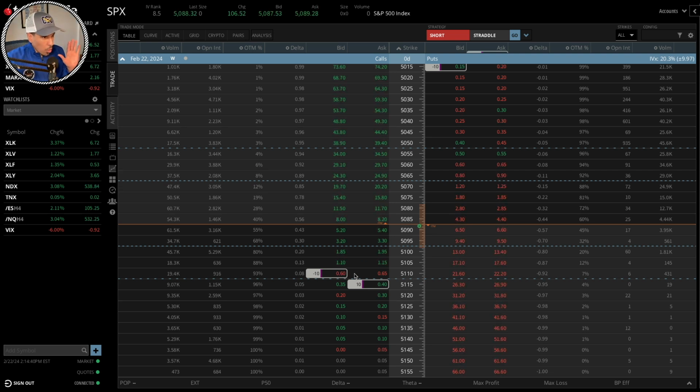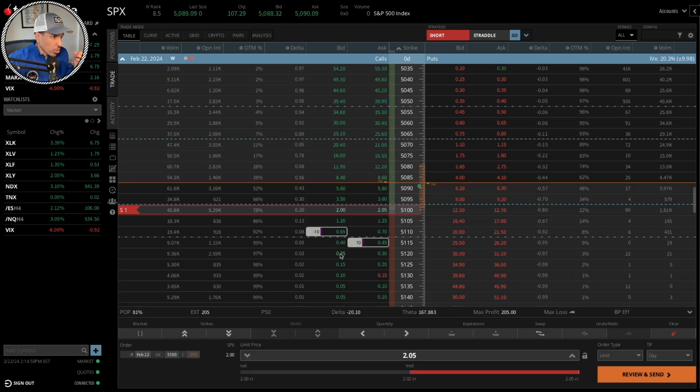This is where I should have been originally, or maybe had I waited an extra 15 minutes before I put that earlier position on, I probably would have been at 5,100, which is an okay position to be at, although it would still be rather close. But nonetheless, I normally don't roll until the price of SPX gets within 10 points of my short strike.